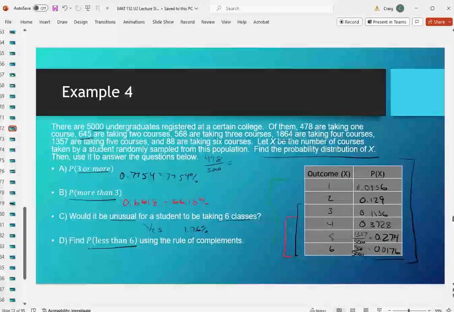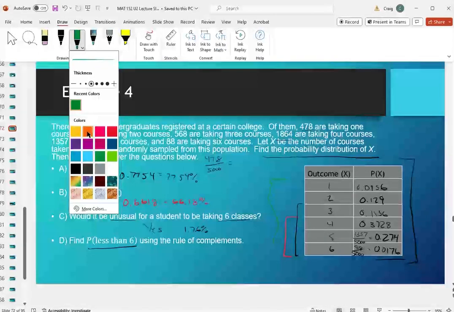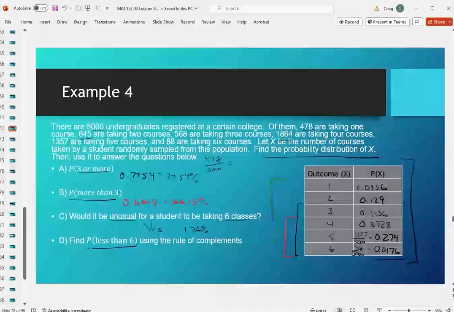And if we want to use the rule of complements to find the answer, then we can just say 1 minus the probability of choosing 6, which is 0.0176. That will give us 0.9824, a 98.24% chance that you randomly choose a student who is enrolled in less than 6 classes.